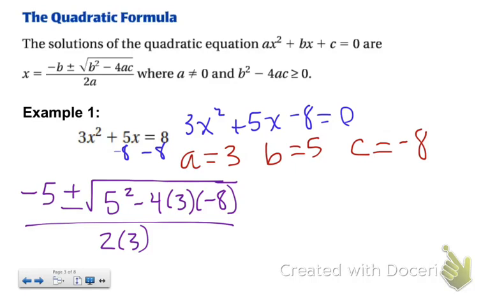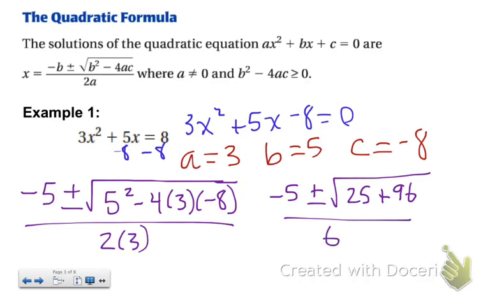So now I'm just doing the math. 5 squared is 25, minus 4 times 3 times negative 8 is going to become plus 96, all over 6. Well, 25 plus 96, that becomes 121. So we get negative 5 plus or minus the square root of 121 over 6.